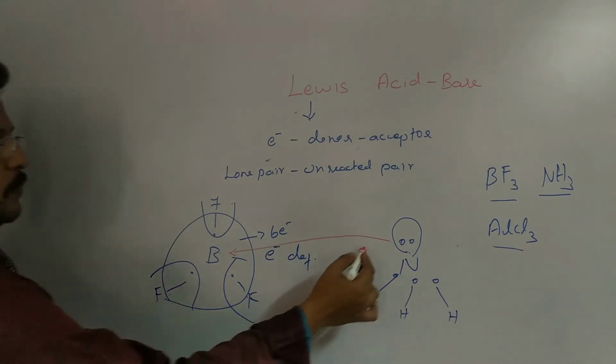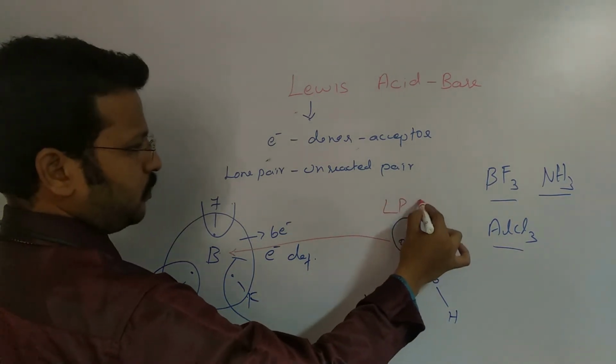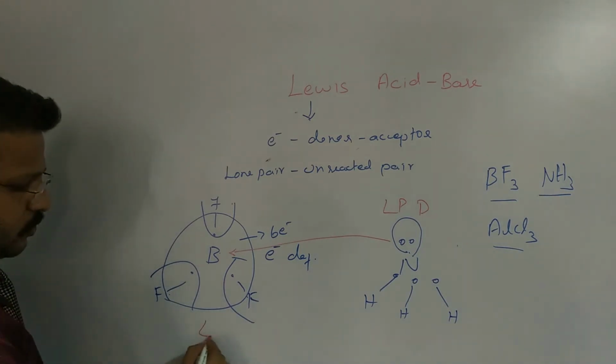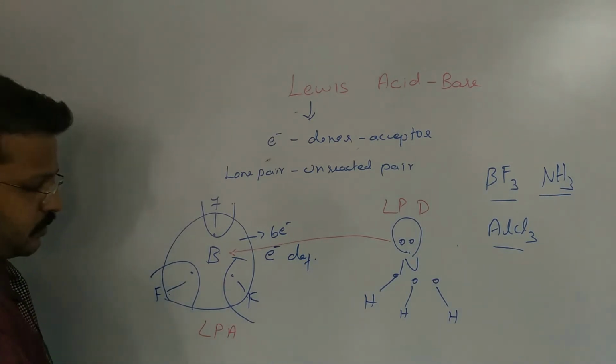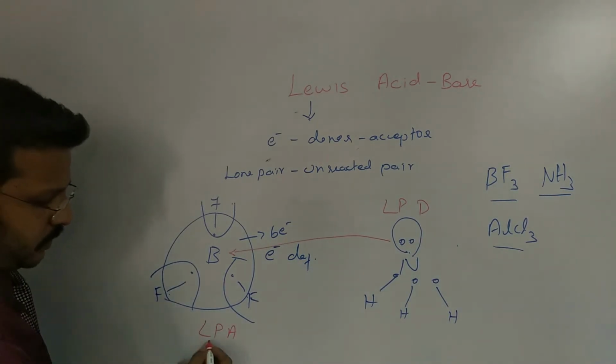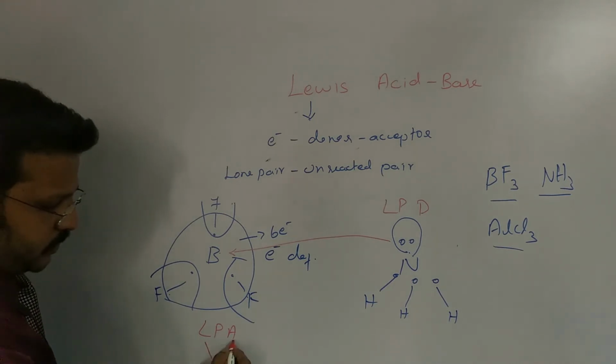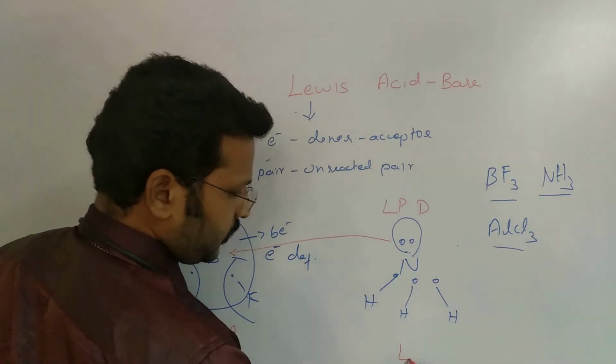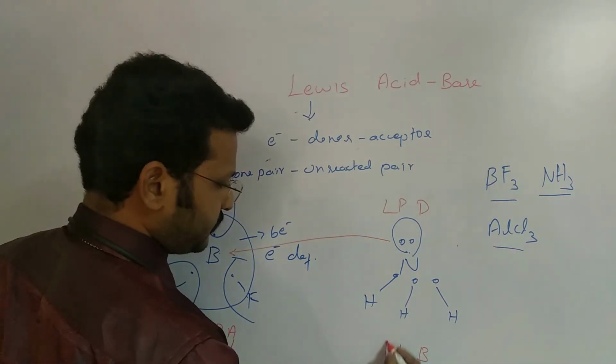So this is a lone pair donor, and this is a lone pair acceptor. Lone pair acceptors are simply Lewis acids. Lone pair donors are Lewis bases.